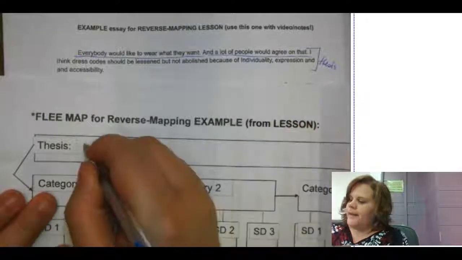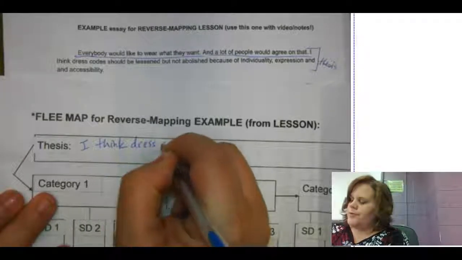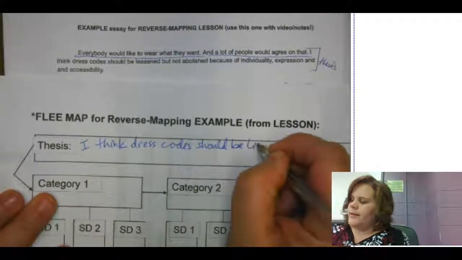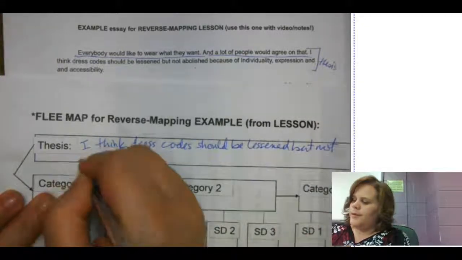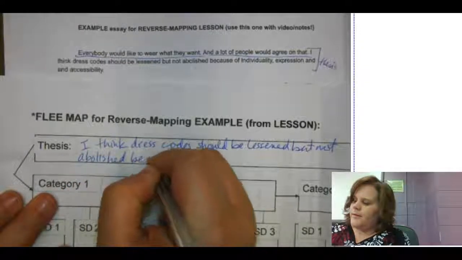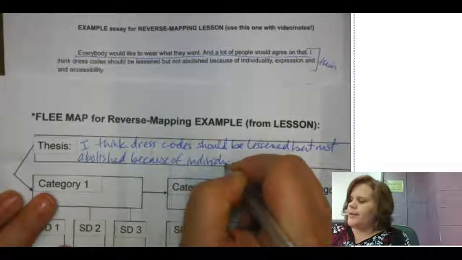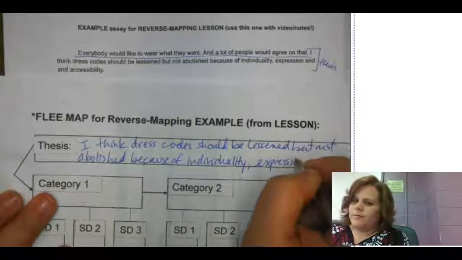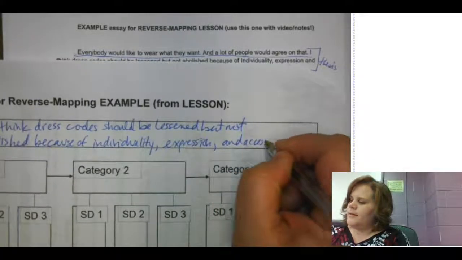I think dress codes should be lessened but not abolished because of individuality, expression, and accessibility.